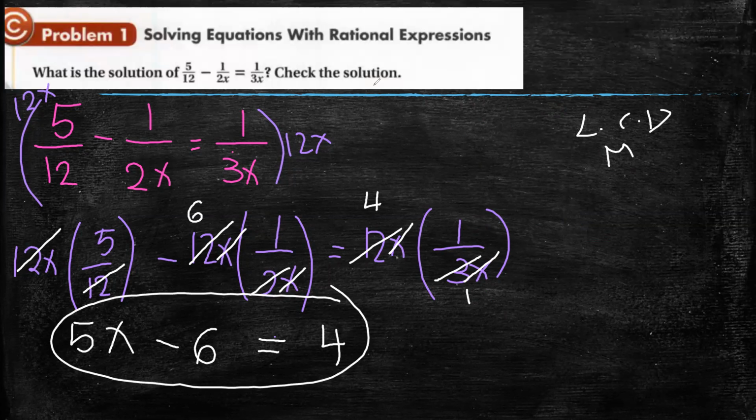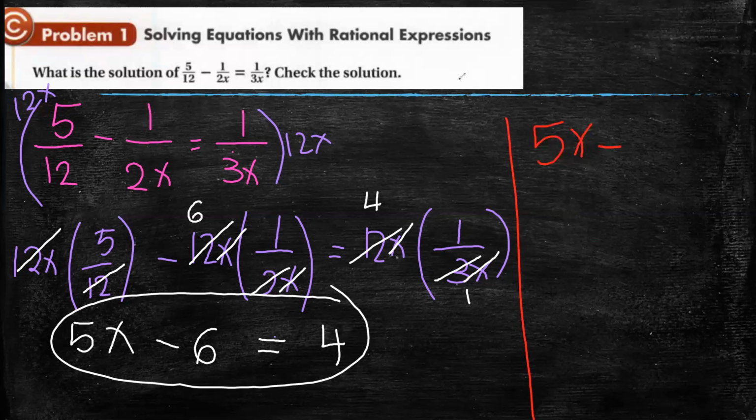After that, you have to solve it. We have a linear equation. So 5x minus 6 equals 4.